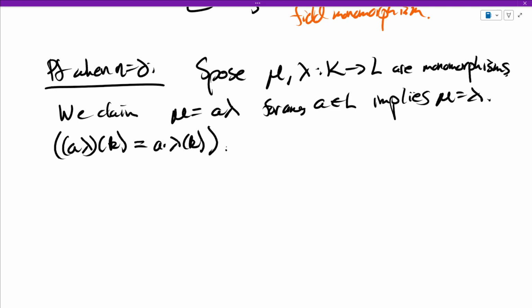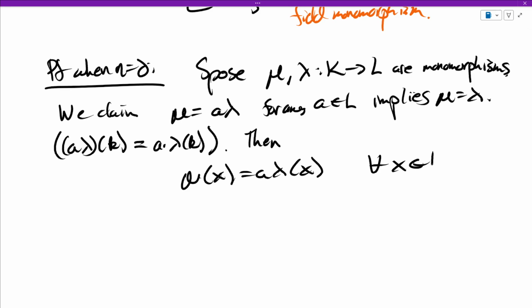All right, so let's prove this. How does this work? Well, suppose such an a exists. Then what does it mean that two functions are equal? It means that whenever we plug in any element of our field, the input, our domain, the outputs have to be the same. So two functions are equal if and only if they agree on every input.